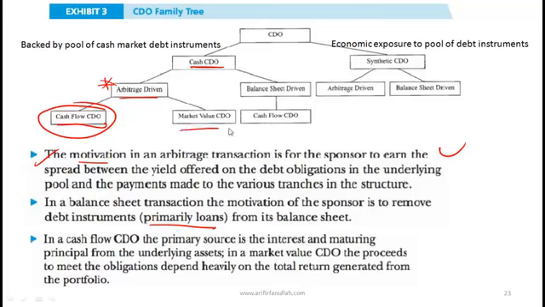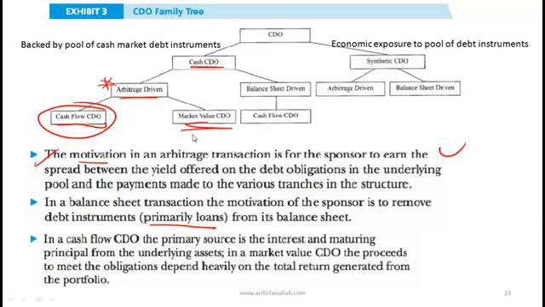With a market value CDO, you are concerned with the total return on your underlying instruments. In a market value CDO, you might actually buy bonds, junk bonds, that you believe are currently undervalued. Let's say you have a view that interest rates will go down.